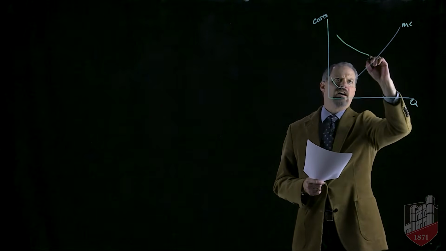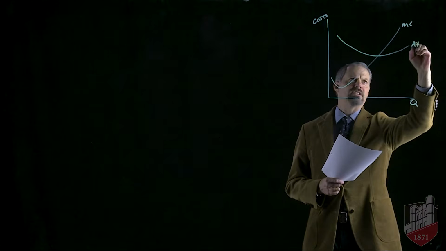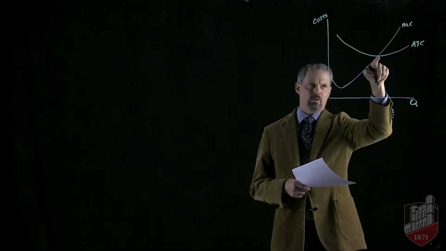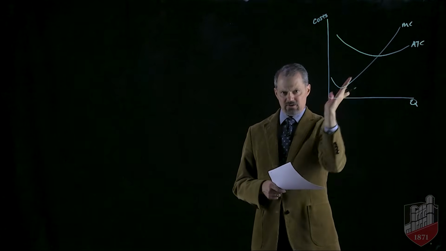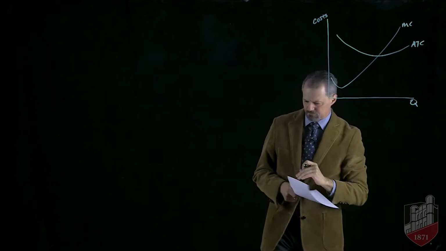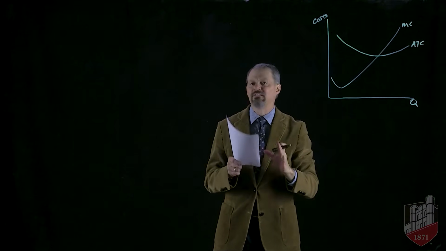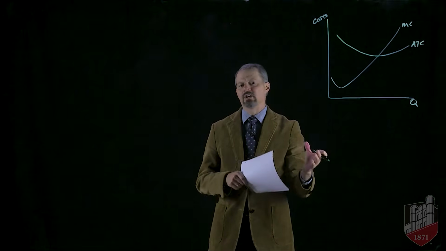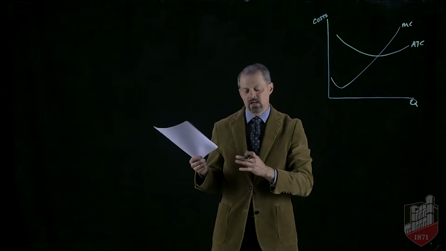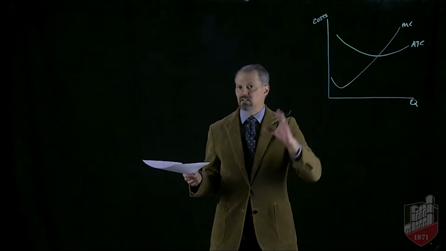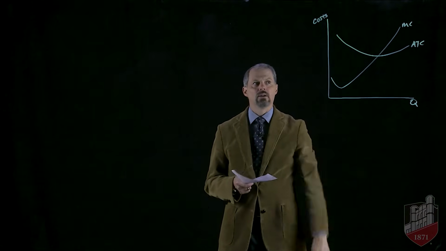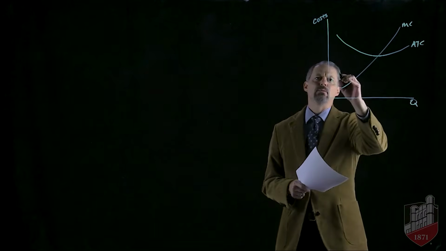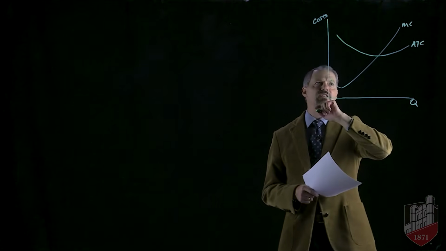And then we're going to have our average total cost. It's U-shaped. And the bottom of that average total cost curve, that's where the marginal cost curve intersects it. That's a mathematical fact. If you're not sure why that's the case, then you can go to one of my principles videos on production and costs, and I have a section on exactly why that has to be true, but it is true. And then we've got an average variable cost curve.